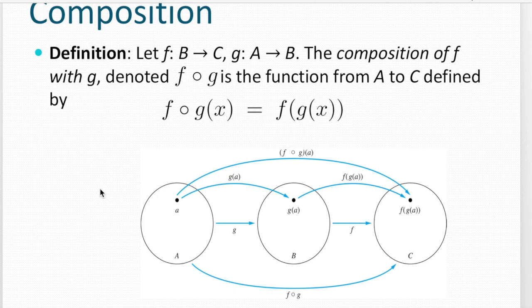A function composition could be defined as follows: we have a function f which gives the relationship between an element of the set B and an element of the set C. Now there is another function g, which gives the relationship between an element in the set A and the set B. The composition of f and g is denoted by a small empty circle, and f composition g is equal to f of g of x.